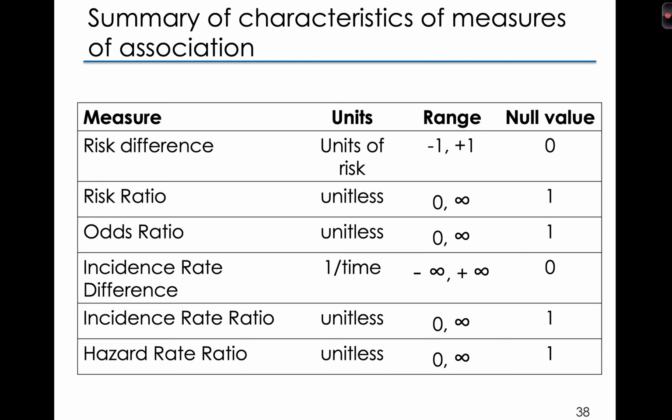And the null value, because the difference is subtraction, the null value is 0. And then incident rate ratio and hazard rate ratio, similar to the risk ratio, we're dividing things so they're unitless, and the range is going to be 0 to infinity. So if the risk in the exposed is lower, you're going to be getting 0.9, 0.8, 0.7, and so on. And if it's higher, you're going to be getting 2, 4, 6, 8, up to whatever.